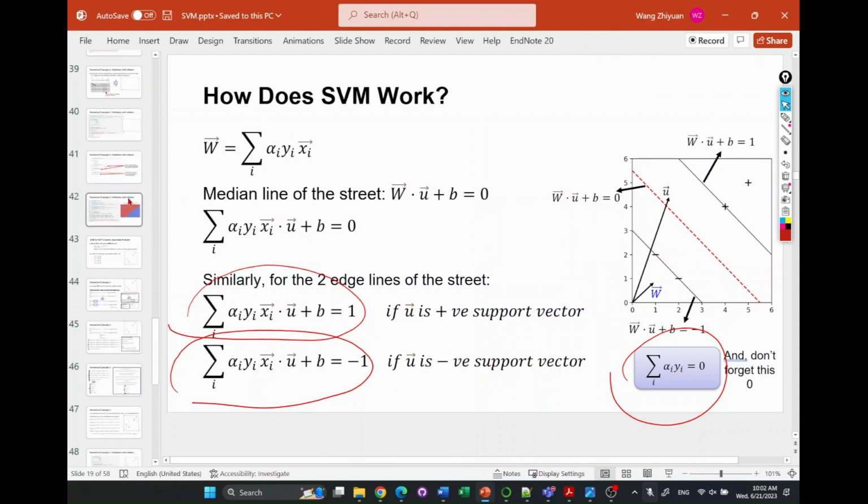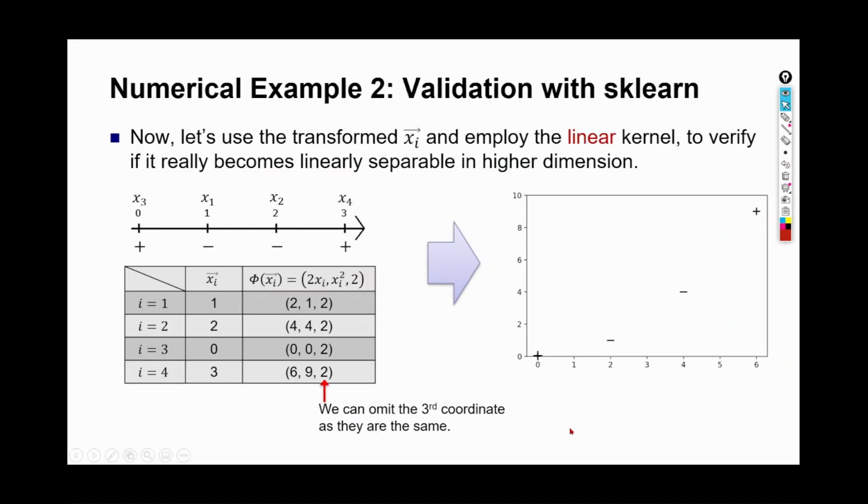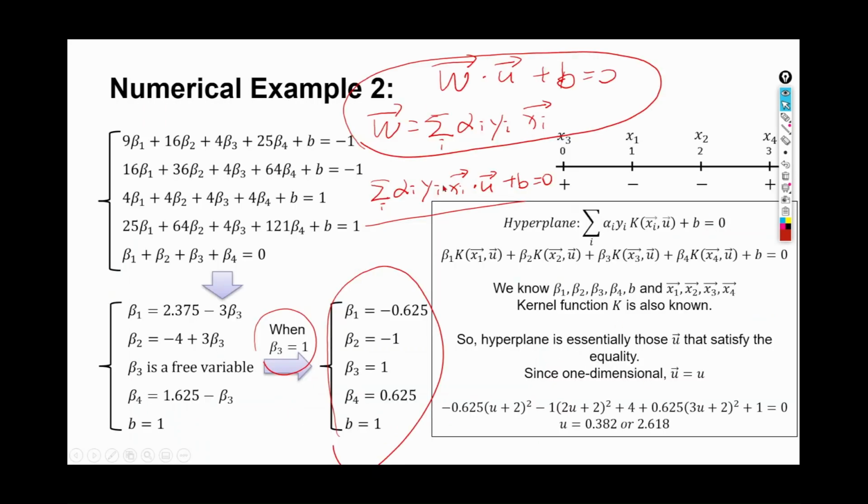That's why over here we can no longer use this xi dot u. We need to use the transformed xi dot transformed u. It's all about vectors dot product.